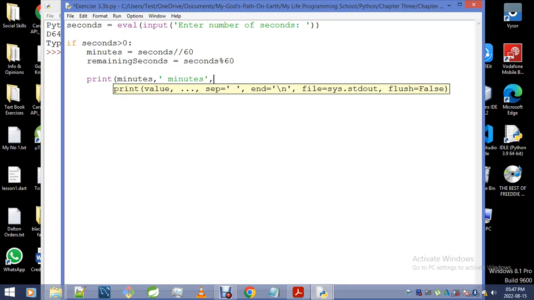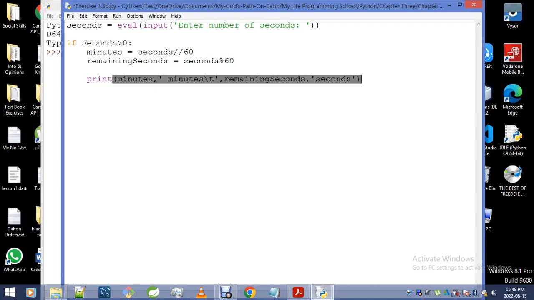Okay, and then remaining seconds is gonna be seconds. Okay, this time around I won't bother about the S there, just like I did before.